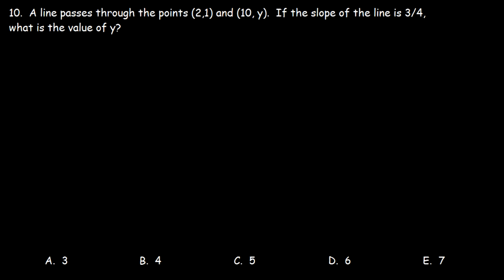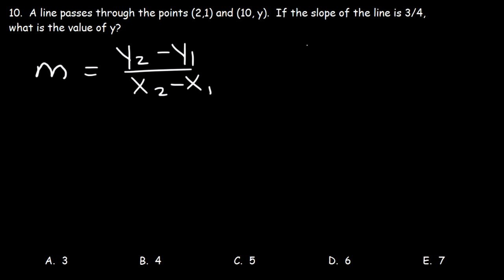Number 10. A line passes through the points (2, 1) and (10, y). If the slope of the line is 3/4, what is the value of y? Well, let's write the slope formula first. The slope, m, is equal to y2 minus y1 divided by x2 minus x1. Now we have the points (2, 1) and (10, y).